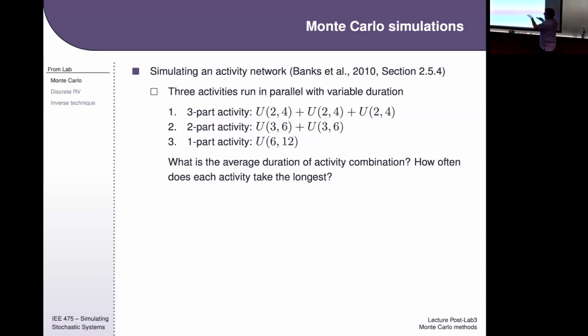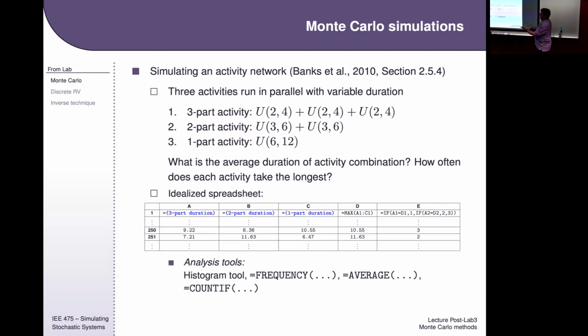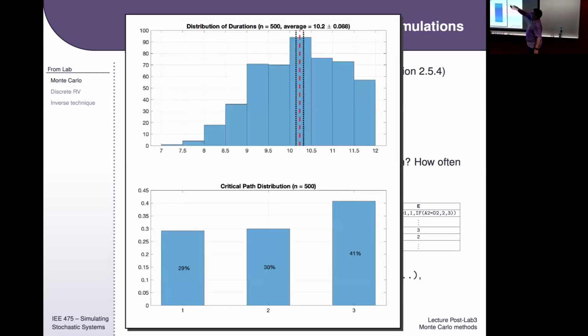I mentioned this, I hinted at this before, but the big thing I wanted you to take from this is that if you look at the distribution of these activities here, the duration ends up being this weird asymmetric thing.